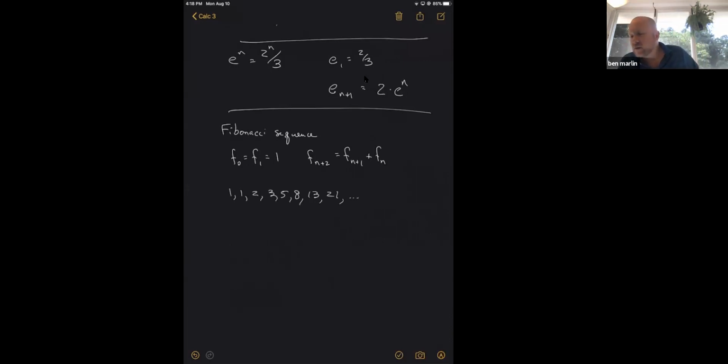And in fact, what you will find out is that those grow super duper fast. They grow exponentially, actually. But the topic of how to go about getting the explicit function for that is a little bit beyond what we'll do.